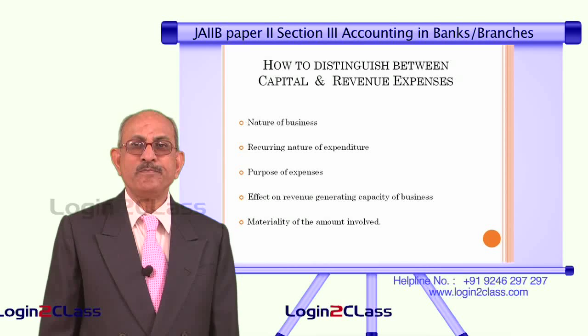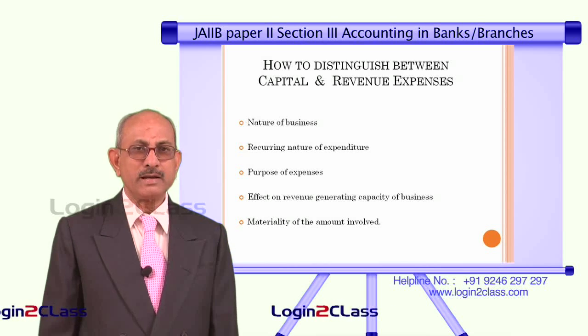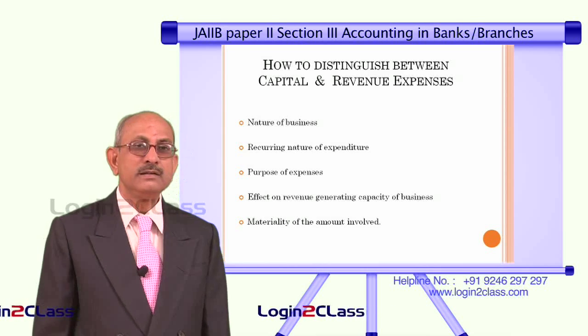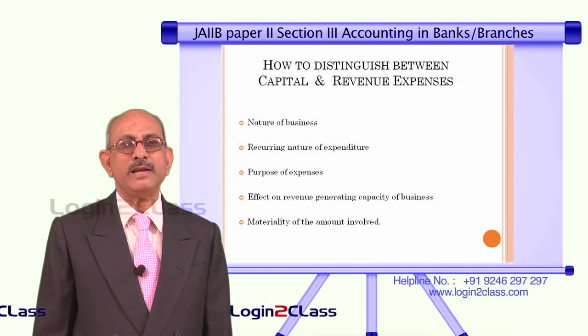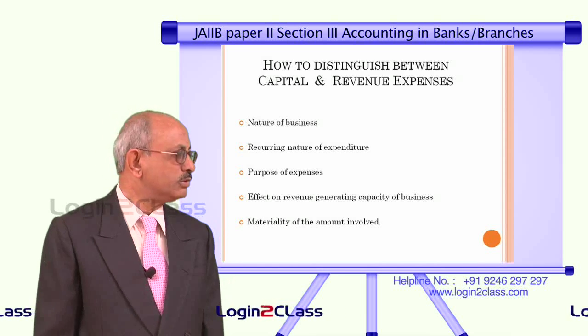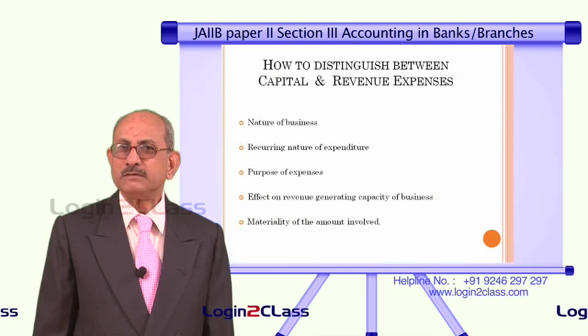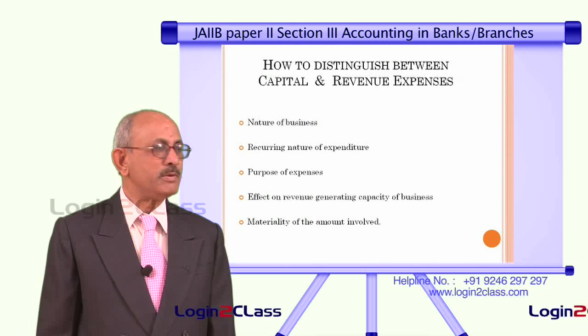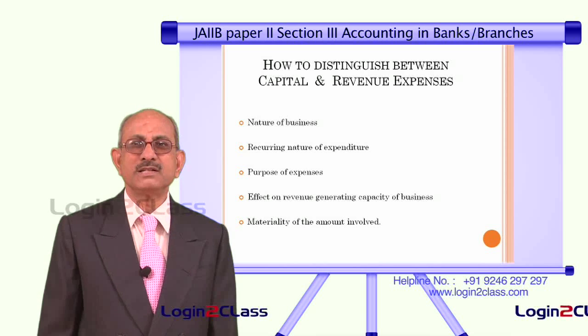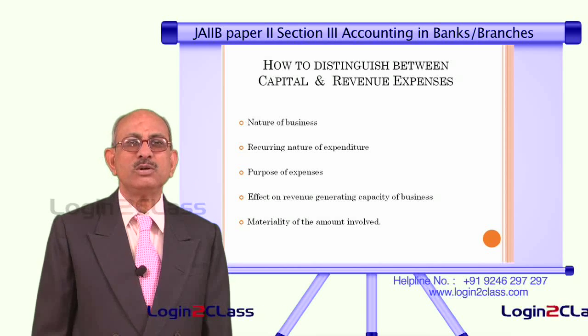For example, let us take the example of the bank, of which all of you are familiar. When we buy a small calculator for the bank use, which may be costing about 100 rupees or 500 rupees or even 1000 rupees, it is not shown as a capital expenditure. It is not treated as a fixed asset because the amount involved is so small.